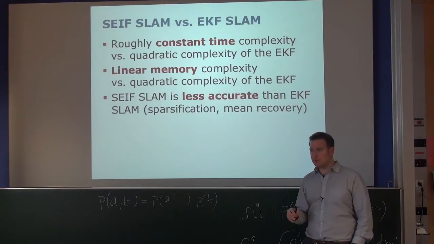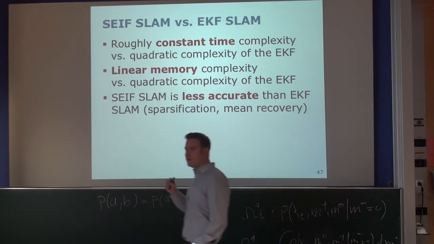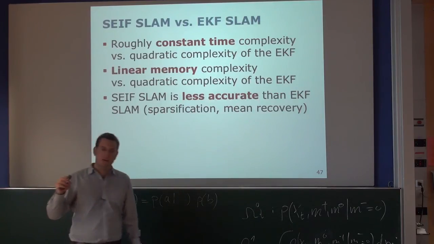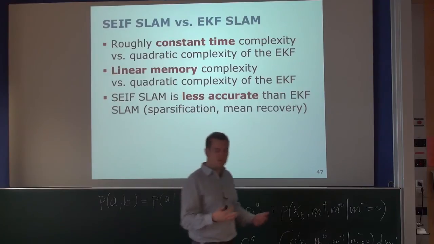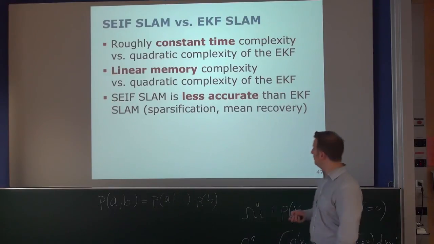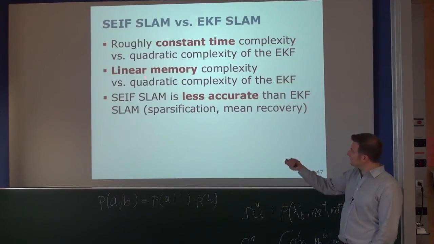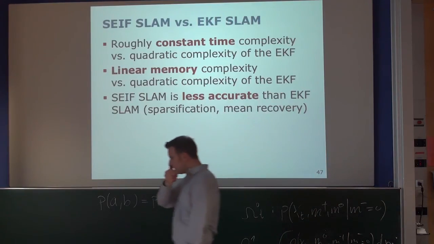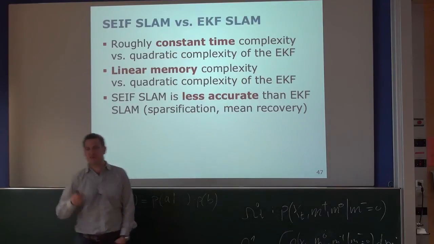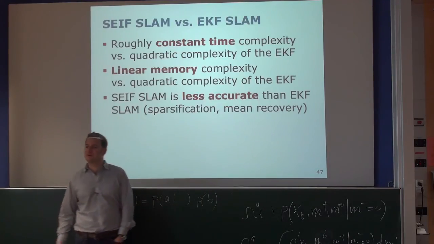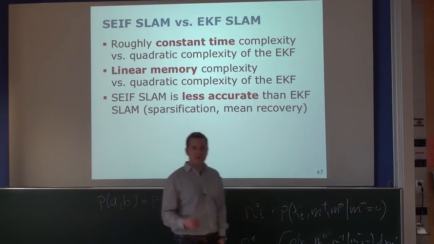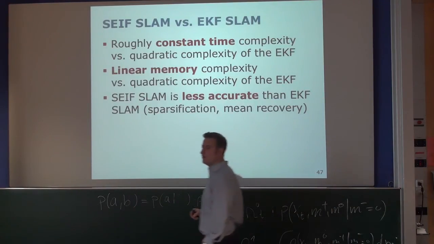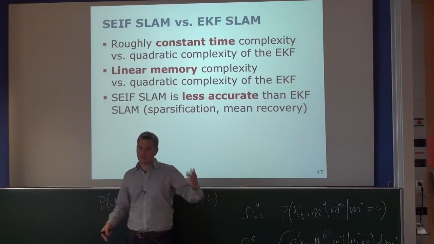However, we have a less accurate estimation system. We made approximations compared to the EKF, so the accuracy of our results decreases. It's just a result of the approximation. And we have a linear memory complexity, so we still need to store all landmarks. We have a sparse information matrix with a linear number of elements in there. So the memory storage that I need is linear, but I only need to update a constant number of elements of these vectors and sparse matrices.